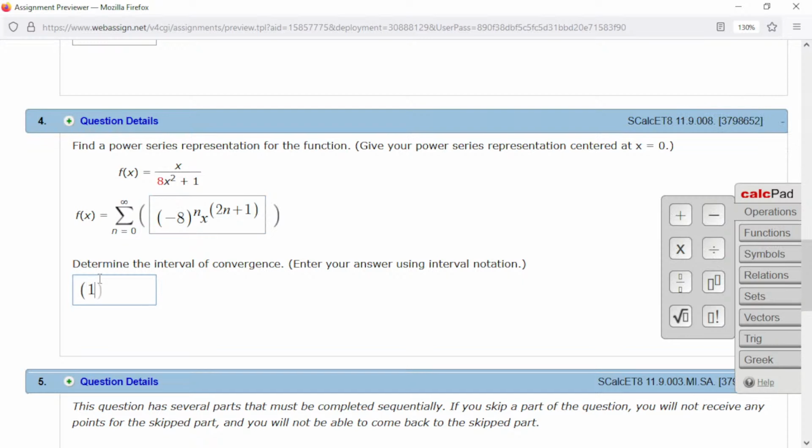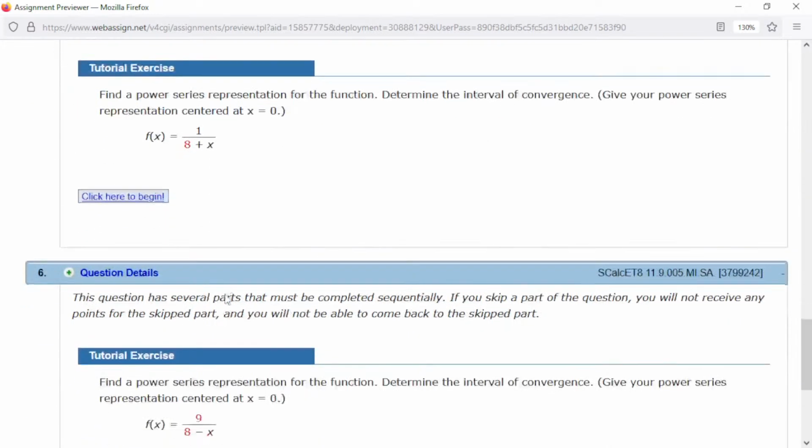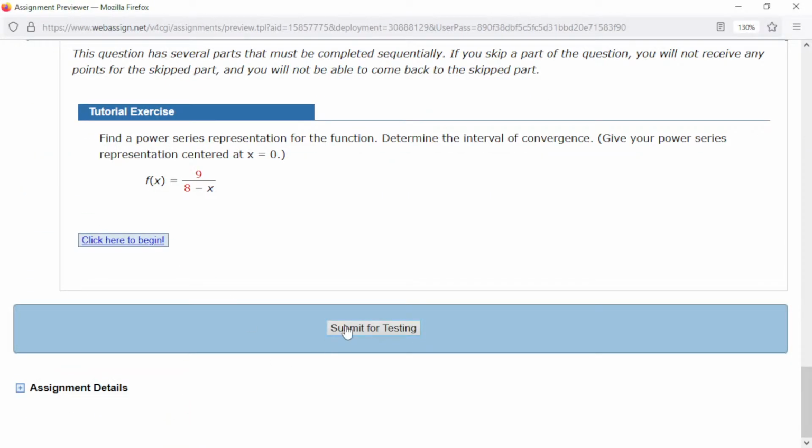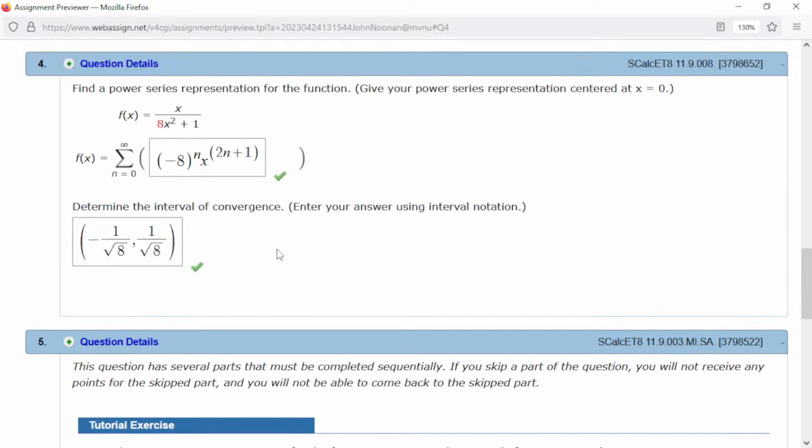So this is going to be 1 over square root of 8. Sorry, forgot my negative. Comma. Done. All right, submit. Let's see if it's right. Oh, green check marks, so happy.